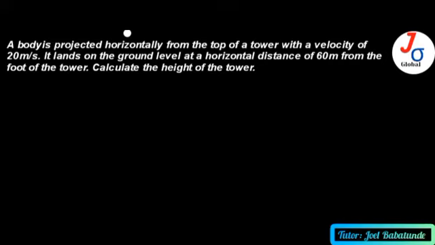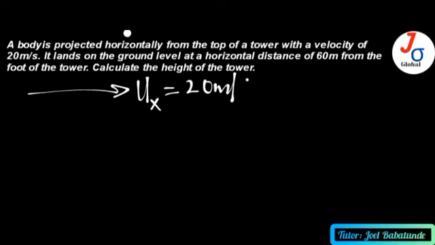So the first thing now, I've read through the question. Now let me interpret the question with the diagram. The body is projected horizontally like this, with a velocity of about 20 meters per second. Now, from where? From the top of a tower. Okay, good.